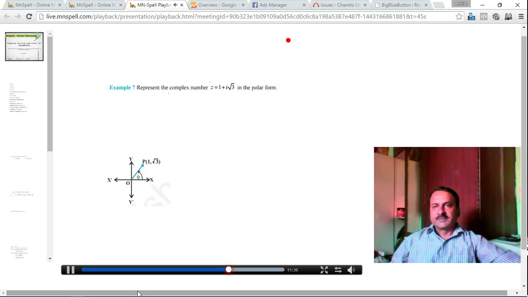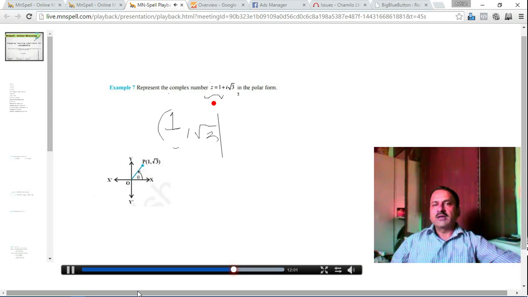Next part is the polar form. First of all, let me explain what is the meaning of polar form. We have this complex number z equal to 1 plus i root 3. The real part is 1 and the imaginary part is root 3.